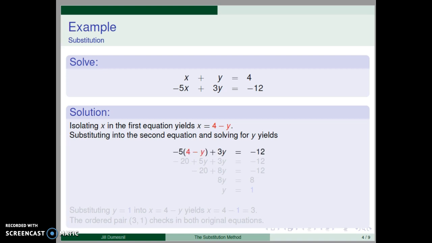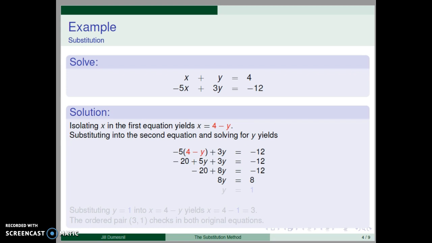-5 times the quantity (4 - y) + 3y = -12. Distributing the -5 gives -20 + 5y + 3y = -12. Collecting like terms gets -20 + 8y = -12.